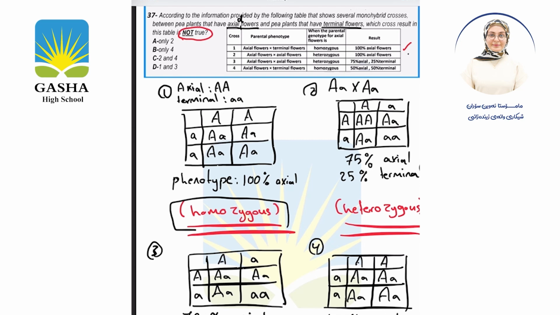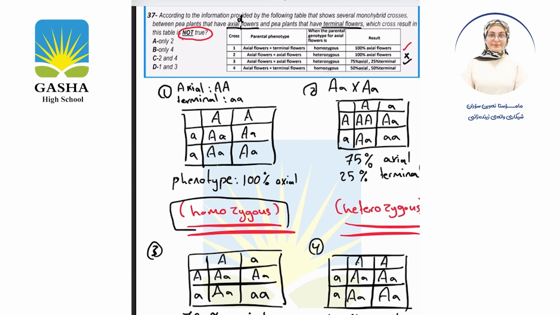But in the result of the second cross it wrote 100 axial flowers, so this one is not true. Third, axial flower and axial flower, if we cross it in heterozygous, it will be 75 axial and 25 terminal. Okay, the result of 3 also wrote 75 axial and 25 terminal, so this one also is true.